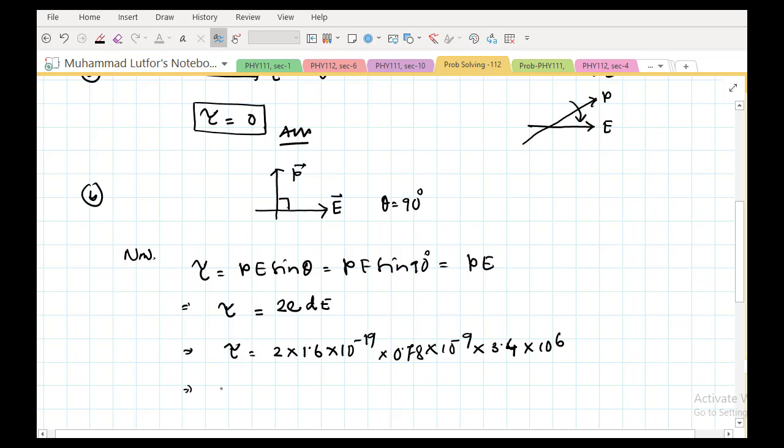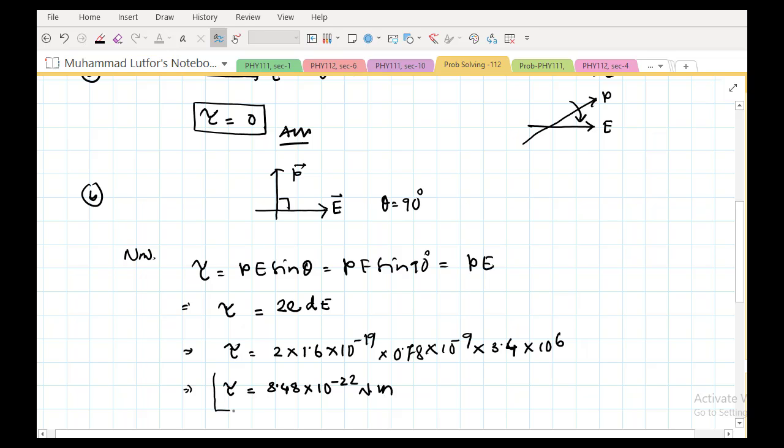If you do that calculation, you will find the torque would be 8.48 into 10 to the power minus 22 Newton meter.